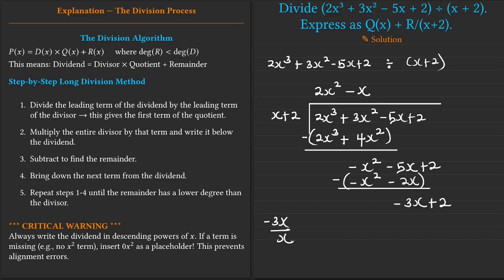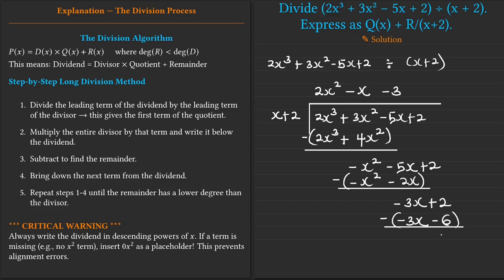So negative 3x divided by x simply gives us a negative 3. We come up here and write our negative 3, after which we do our multiplication. x times negative 3 gives us a negative 3x. Then we have 2 times negative 3, which gives us a negative 6.